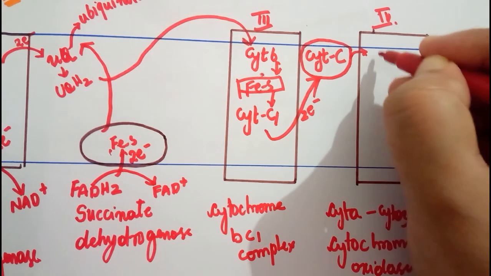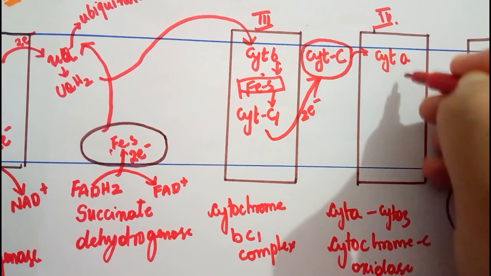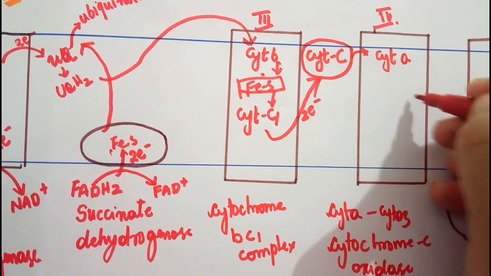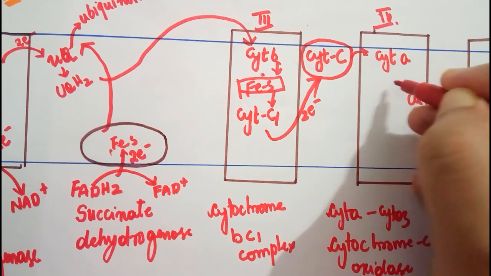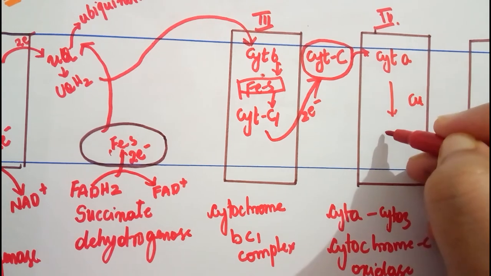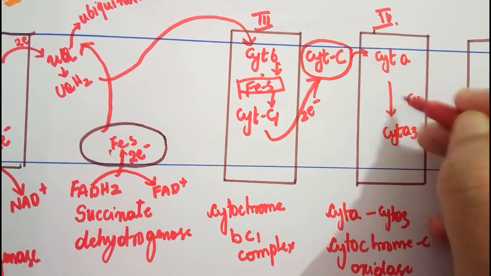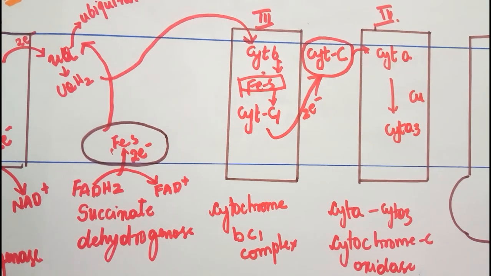Here the electrons are first taken by cytochrome A, followed by cytochrome A3. Copper is also present in this fourth complex, the cytochrome A3 complex.